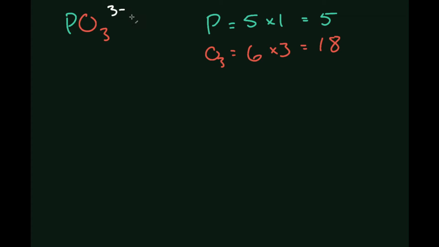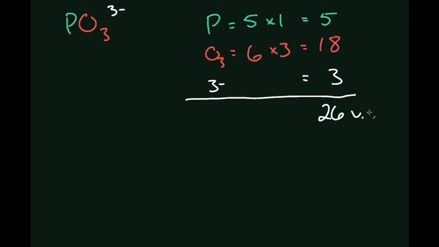So since this is negative, we have 3 negative. So that's going to turn into 3 electrons that we're going to add on. Alright, so 5 plus 18 plus 3, that'll give us 26 valence electrons. So we have 26 valence electrons we have to work with.